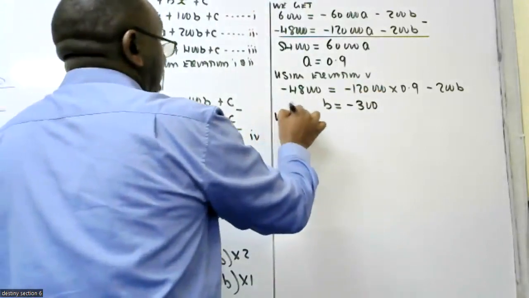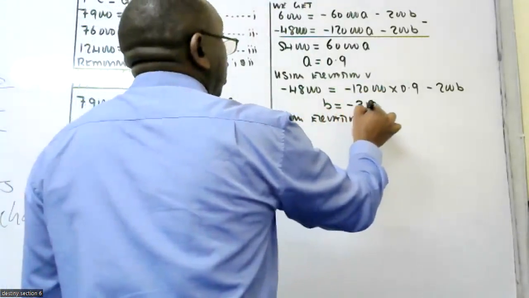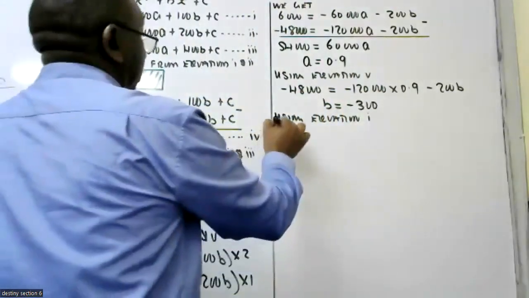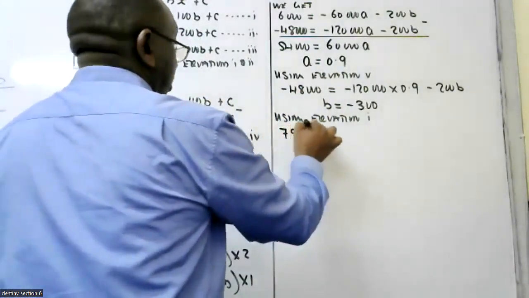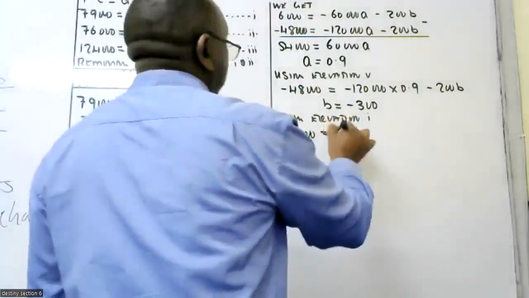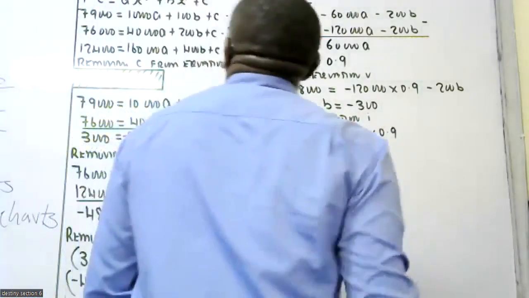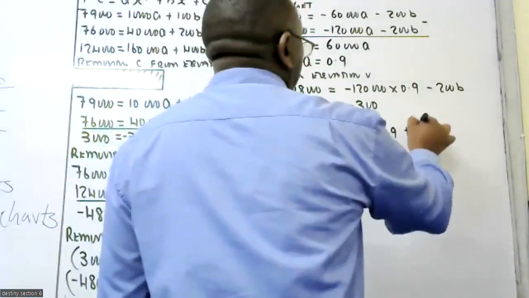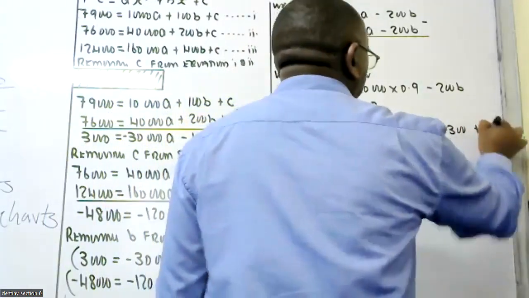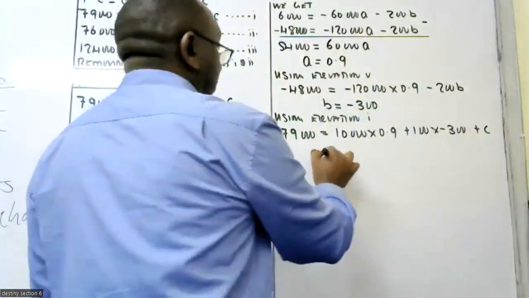Using equation 1, we have 79,000 equal to 10,000 A plus 100 times negative 300 plus C. So get the value of C from there.